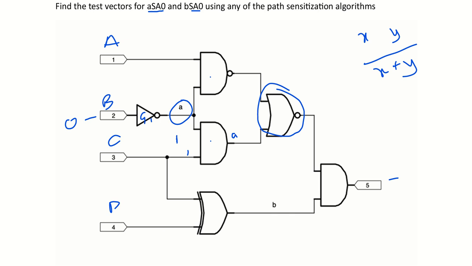Let's assume we want the circuit to depend on X. Then we have to push Y to 0, so that the circuit will reduce to something like X bar. We want some kind of single variable term. And that's the same thing we do here. So here we have A coming, and we want the circuit to depend on only A.